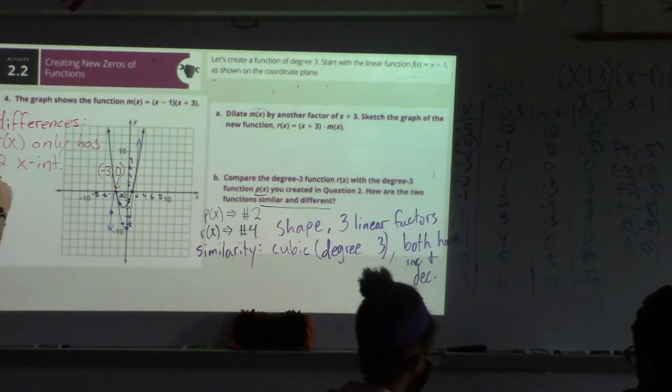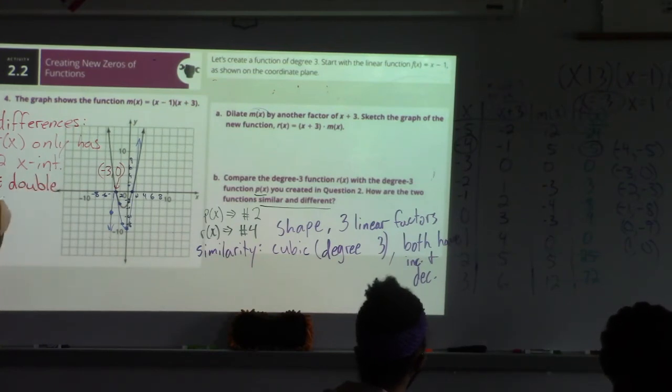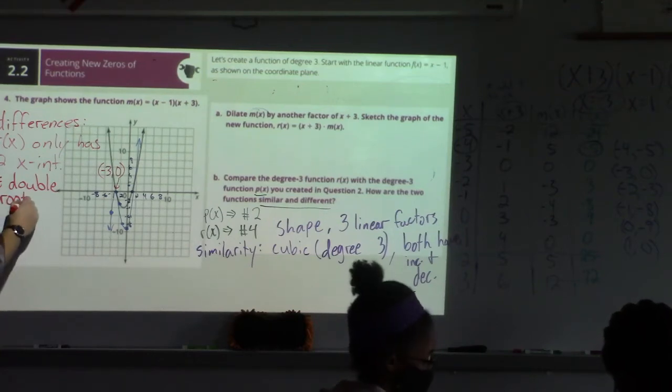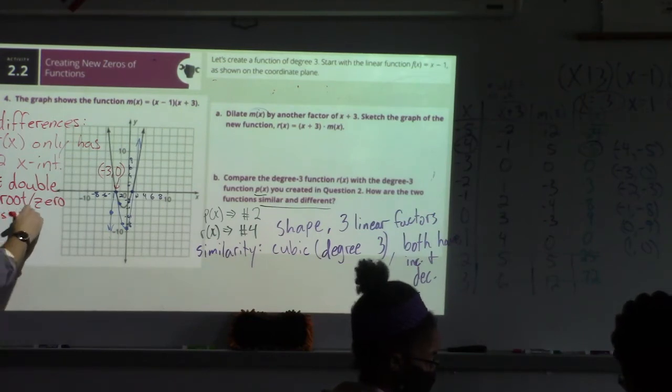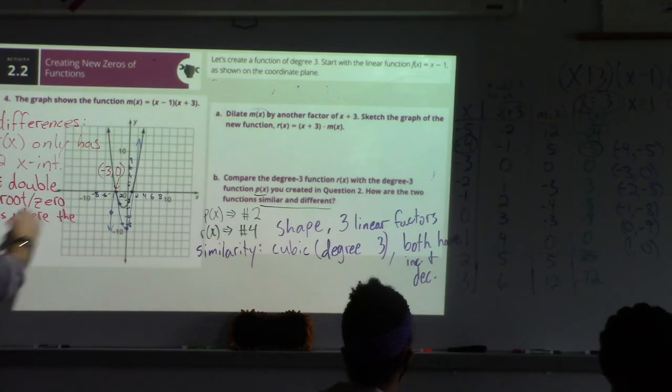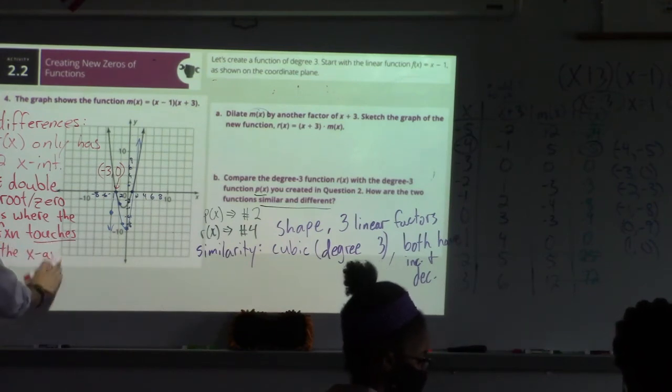But we want to note double roots. That's what we call it. Why do you think we call it a double root? Because it's the same thing twice, right? It's double. So a double root slash 0 is where the function touches the x-axis and goes away.